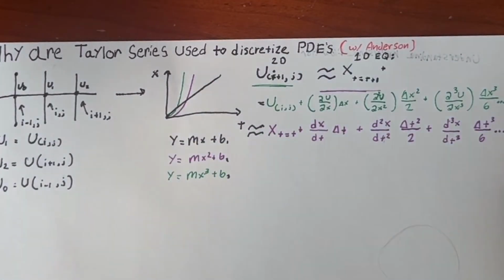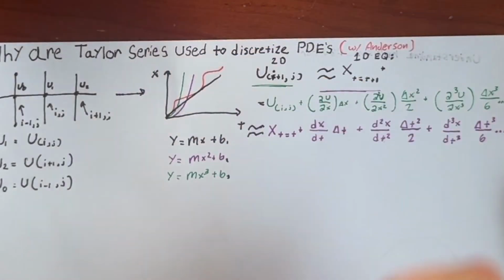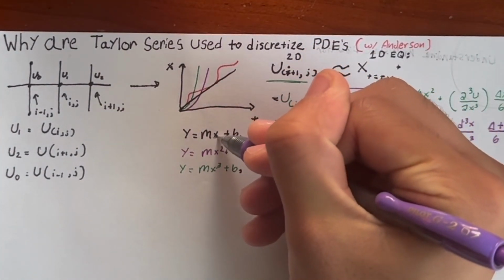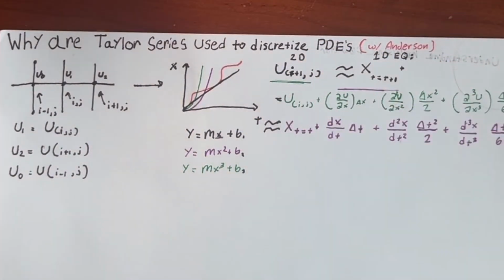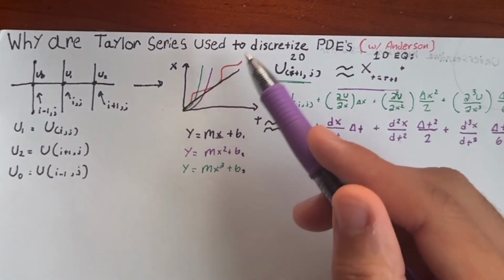And then say you have some arbitrary function that is definitely nonlinear and cannot be described by simply a linear polynomial. You need some sort of expression with multiple different polynomials in order to describe the curve of this function.